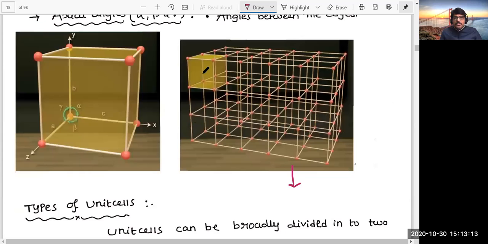So when these unit cells are arranged like this in all three directions, you will get what we call a space lattice. When unit cells are arranged systematically in a three-dimensional manner, you will get what we call a space lattice or crystal lattice. So the smallest repeating unit of a space lattice is called a unit cell.